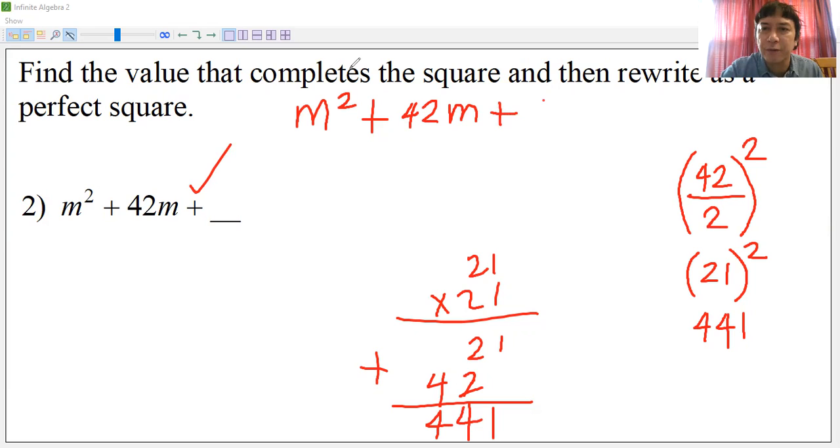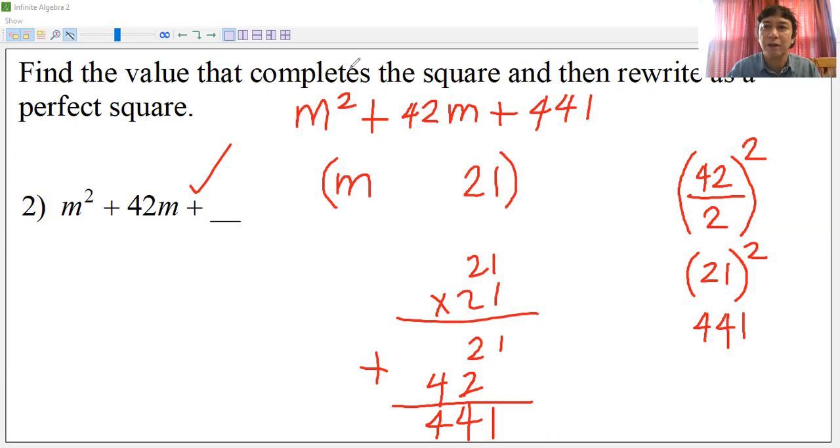We're going to put it here: plus 441. Now to express it as a perfect square, it will be the square root of m squared, that's m. The square root of 441 is 21.